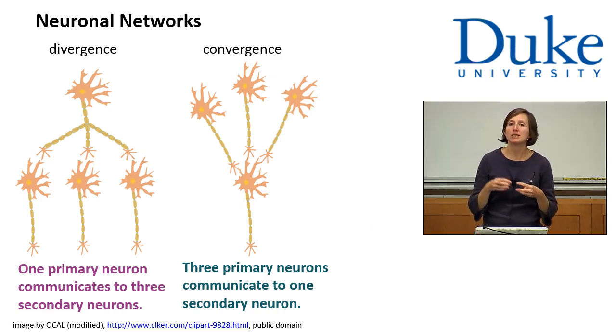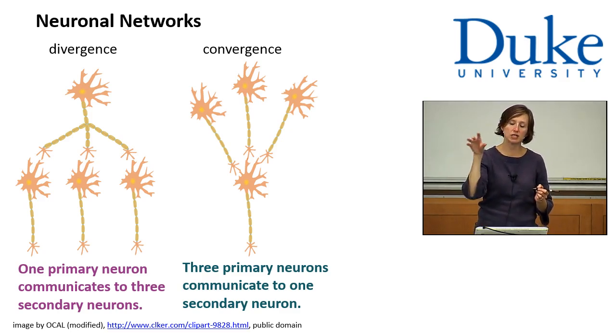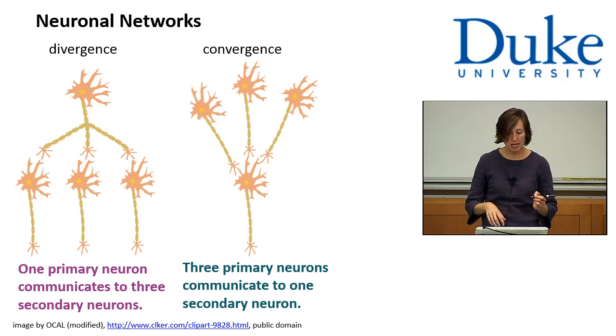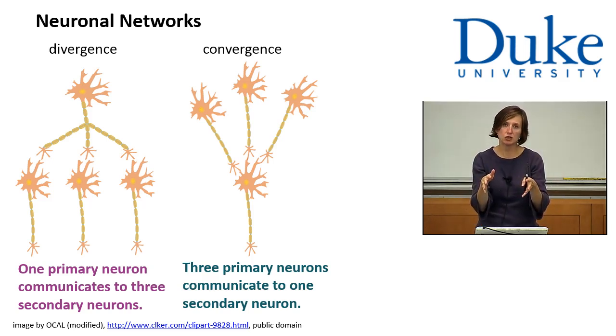Another thing that we need to consider is the fact that neurons can form different types of networks. So we can have systems that are divergent, which means that one neuron can control several downstream neurons. This would be useful if you wanted to amplify a signal or if you want to control several different cells or processes.